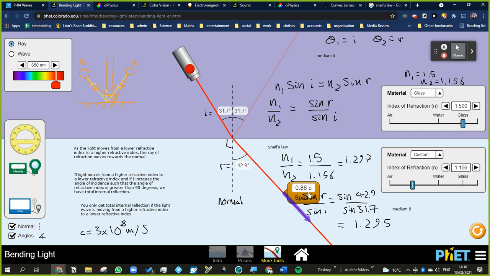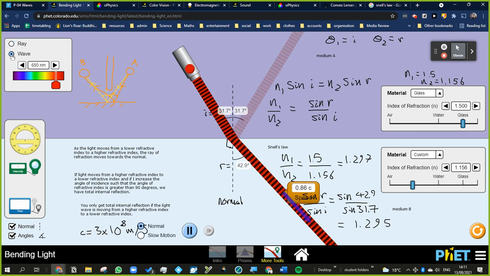So 0.86. So I can measure the speed there. So it's speeding up as it comes into this. If I click on the wave format, you can see that if I pause it now, just at this interface here, one side of the wave will get to speed up before the other side.